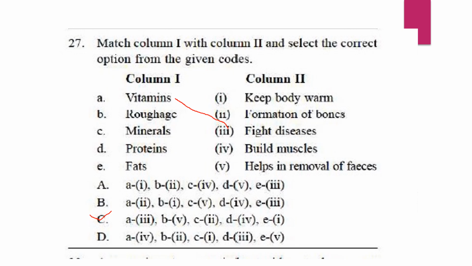That means our answer is option C. Let's check the others. Roughage helps in removal of feces, so B is 5. Minerals help in formation of bones, so C is 2. Protein builds muscles, D is 5. And fats keep our body warm. So our answer is option C.